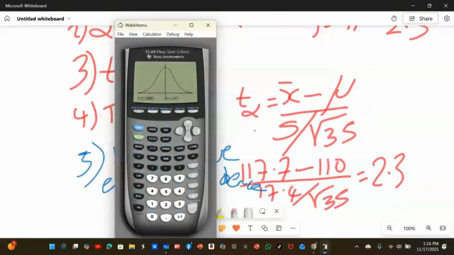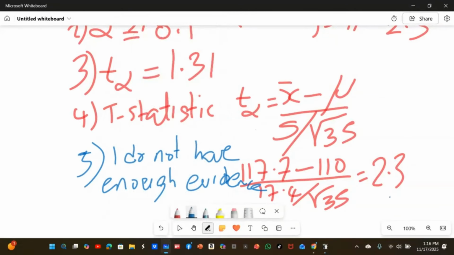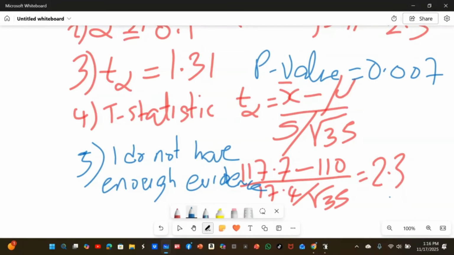So now, according to the p-value, which is 0.007, or 0.7%, 0.7% is less than alpha.